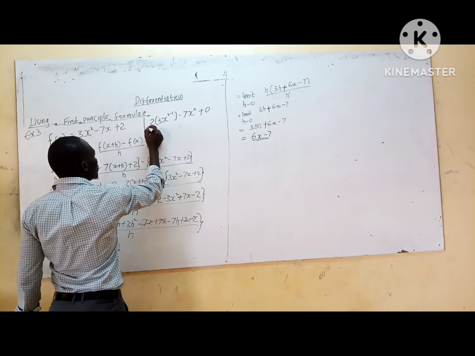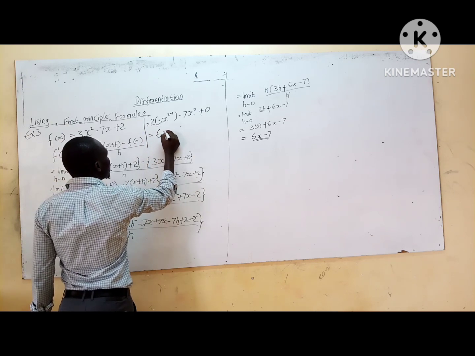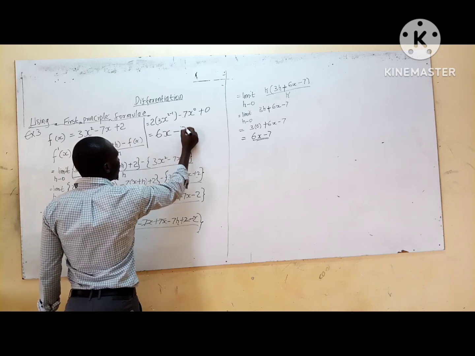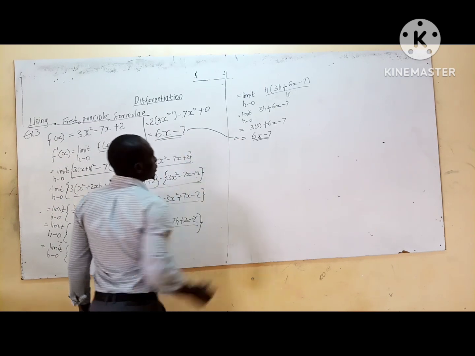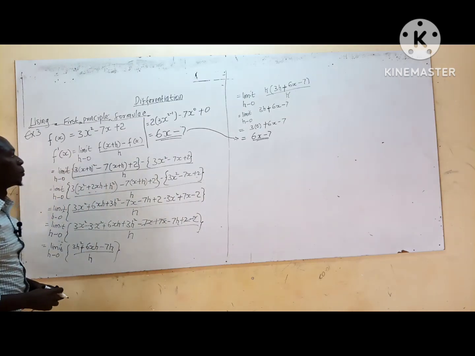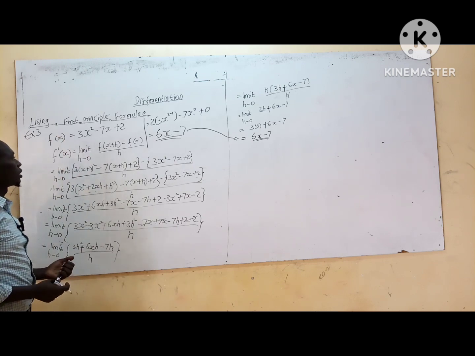And when you account this one, you are going to have 6x minus 7. And the two answers match. To mean that that is the correct answer when you've been asked to carry out your differential using the first principle.